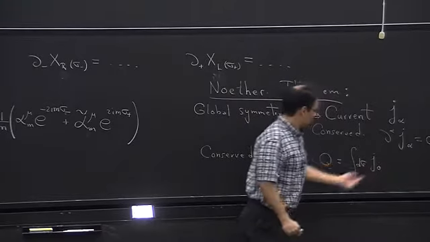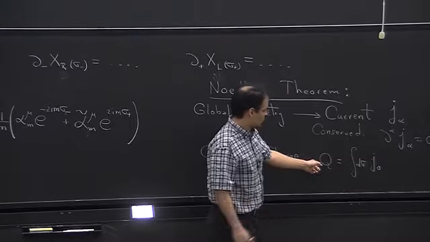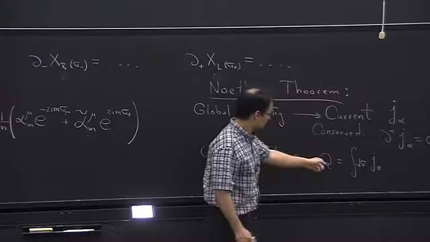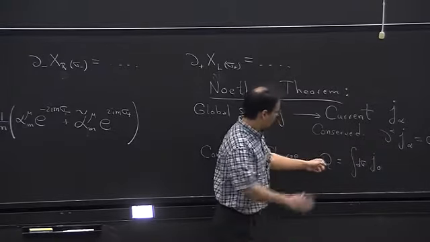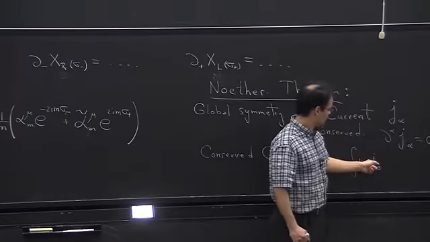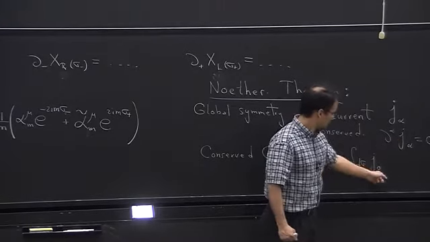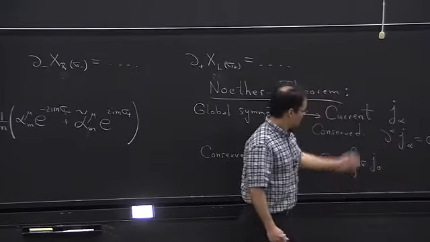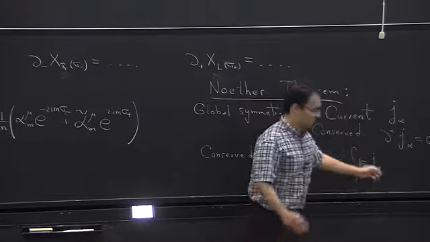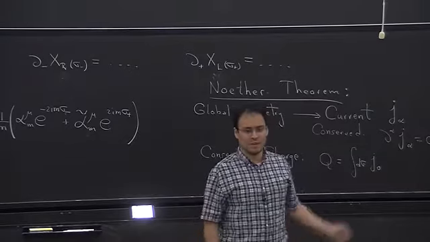And the reason this is conserved is that if you take a derivative with respect to time, which is what you want to show is 0, that's what it means that it's conserved, that as time evolves this quantity doesn't change in time. So you pass that here, you get a partial derivative with respect to time. You use this equation, it becomes a derivative with respect to sigma. And then if the space is non-compact and the fields decay nicely at infinity, you get 0. Would that happen in our case?